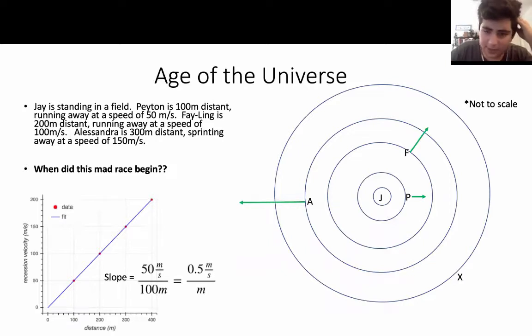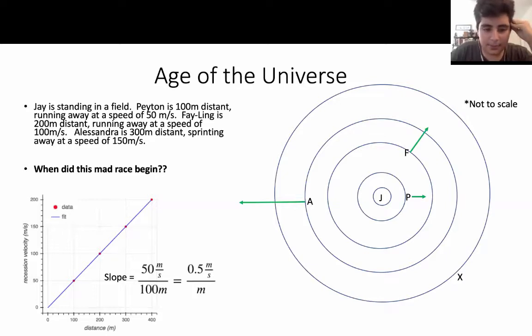If we assume that all of their velocities are constant from the beginning, we see that Payne's running away at a speed of 50 meters per second, and he's 100 meters away. So intuitively, you'd say it would take 2 seconds for him to run 100 meters. So you can infer that everyone started running 2 seconds ago.